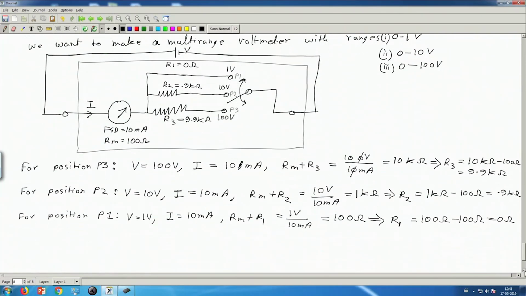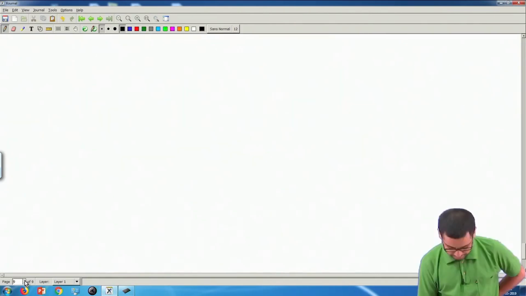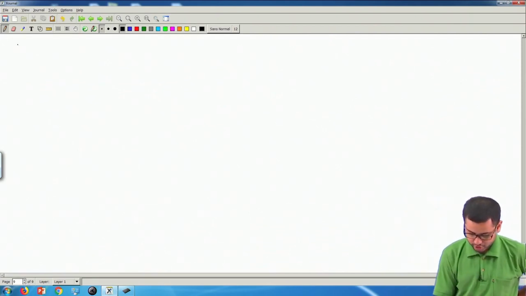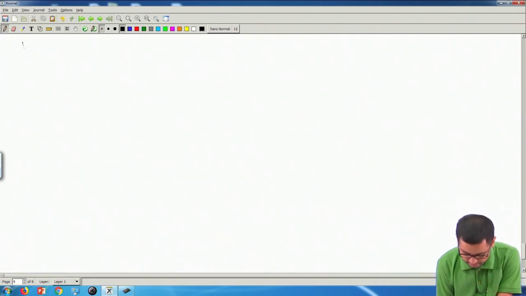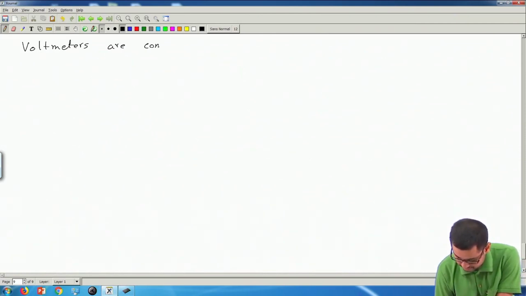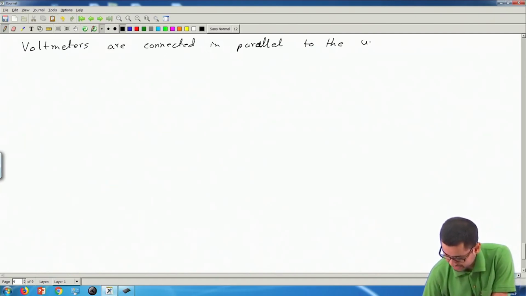Now, the important thing that we should talk about voltmeters is this. Firstly, this is a trivial fact: voltmeters are connected in parallel to the unknown voltage.